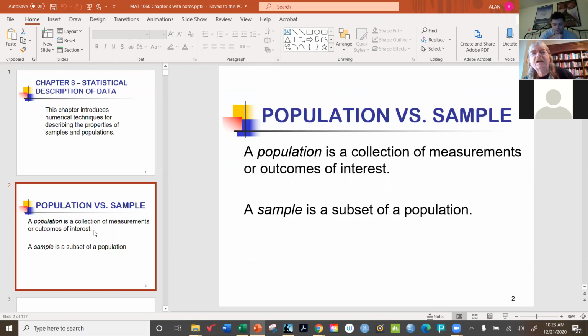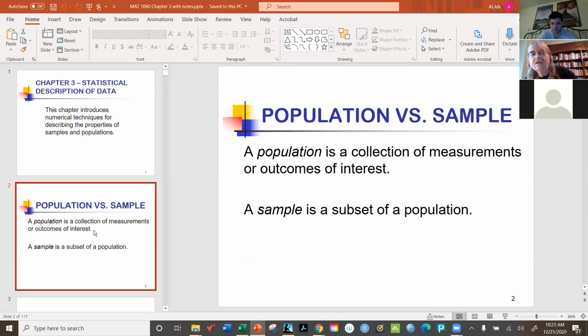Like, for example, what if the government decides we need to know if the average age of all Americans is increasing? Because if it is, we may have to make some changes to the Social Security system. So in their case, their population of interest would be the ages of everybody who lives in the United States.